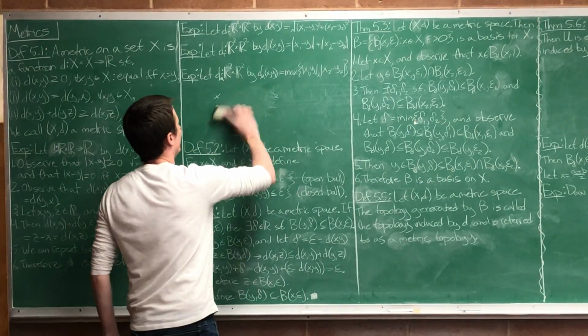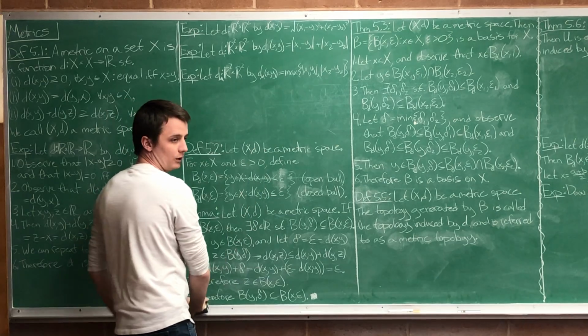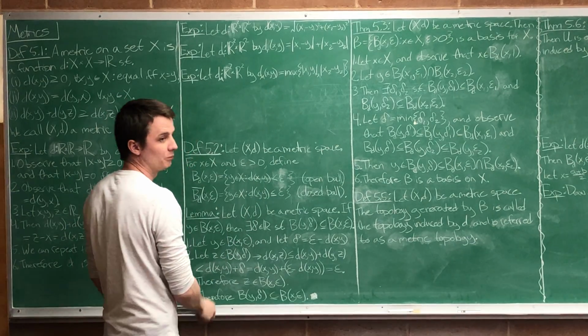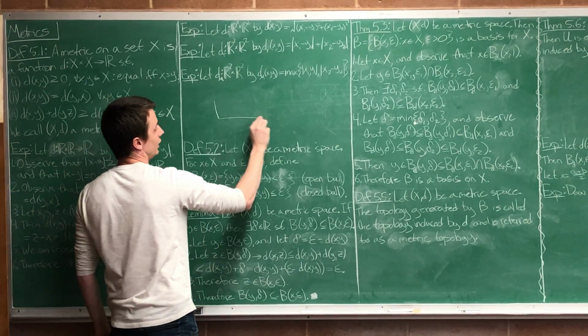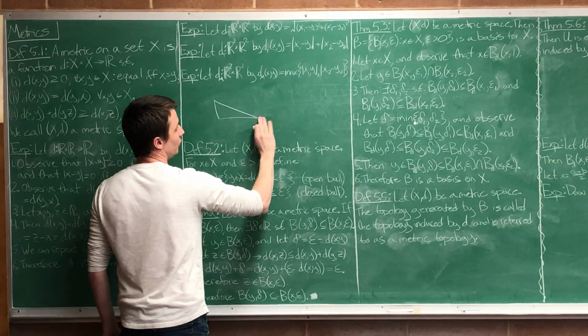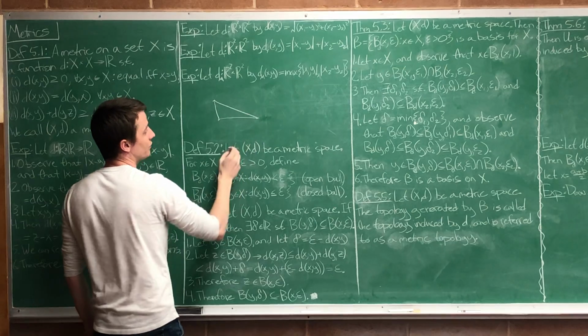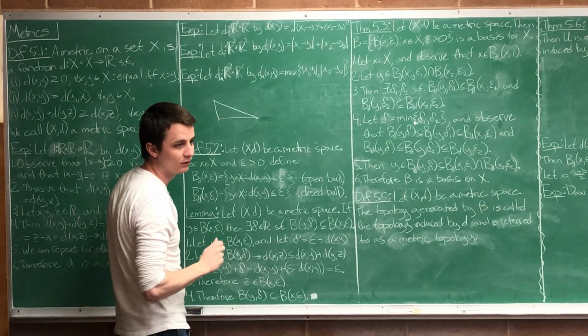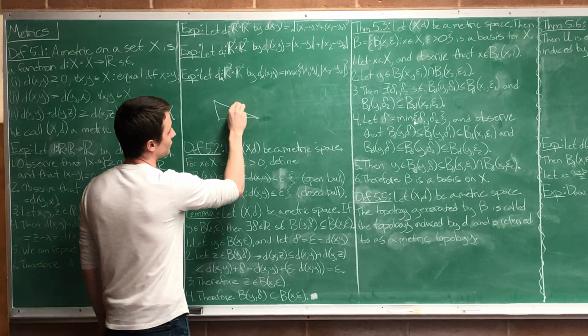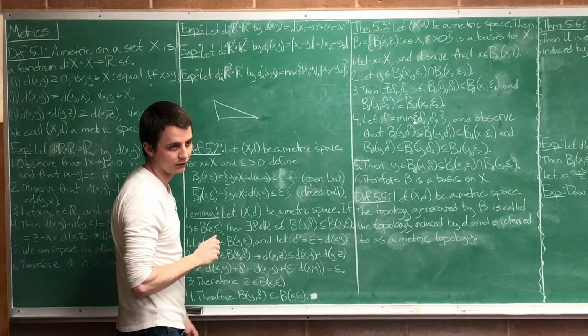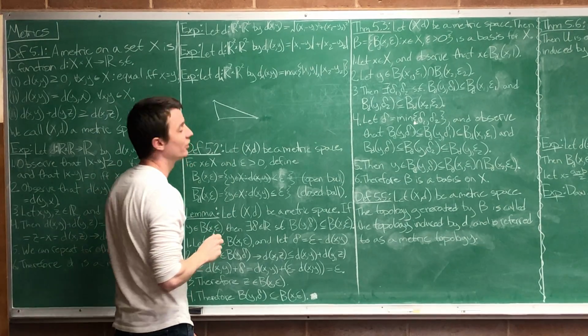We already talked about why it's called the triangle inequality. The first time it comes up is in geometry with triangles. It says that if you have a triangle, the length of one side is always less than or equal to the sum of the other two sides, sorry, less than or equal to.